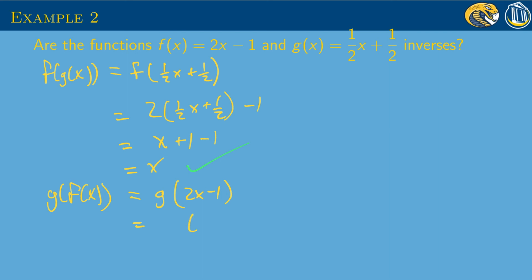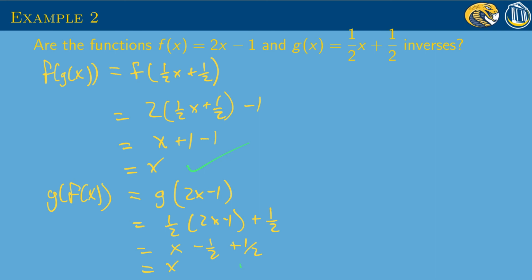So we'll take the input, 2x minus 1, we'll multiply it by 1/2, and we'll add 1/2. 1/2 times 2 is just 1x, minus 1/2 plus 1/2. Once again, we're left with just x.